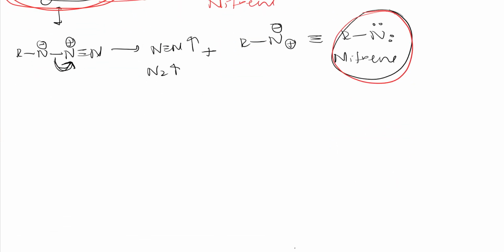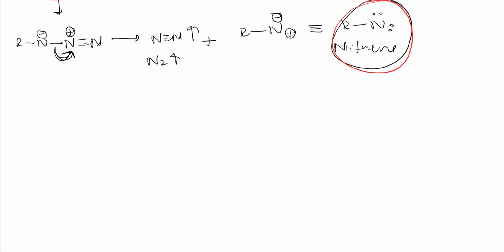So here it is very interesting, you can see here. How the nitrene I formed: I took this N3, which was neutral, or I can write like this also, N double bond N double bond N, here minus, here plus, or its canonical structure, N minus here, N triple bond N, this nitrogen having positive charge.